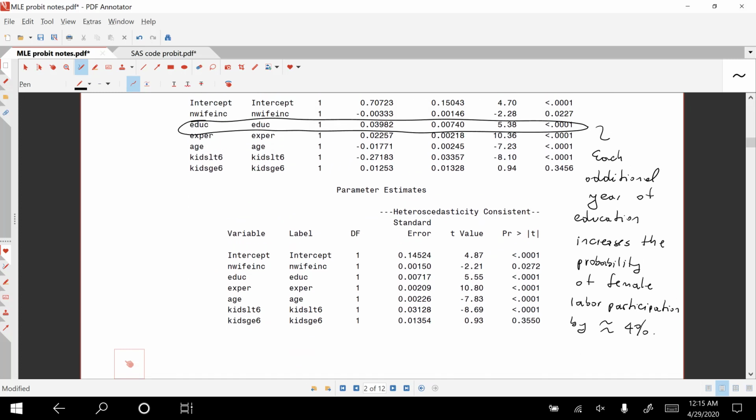Again, the trick is that the way to interpret is the effect on the probability that y is equal to 1, which in this case is the probability of female labor participation.